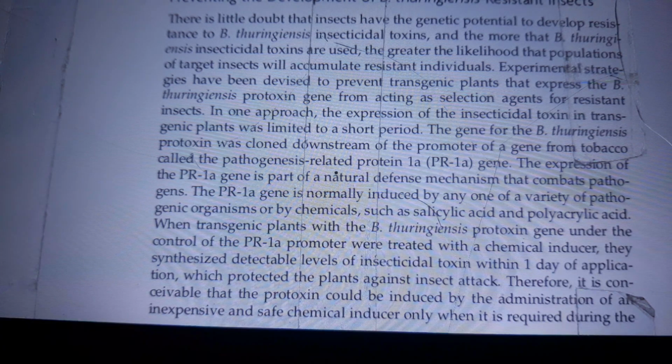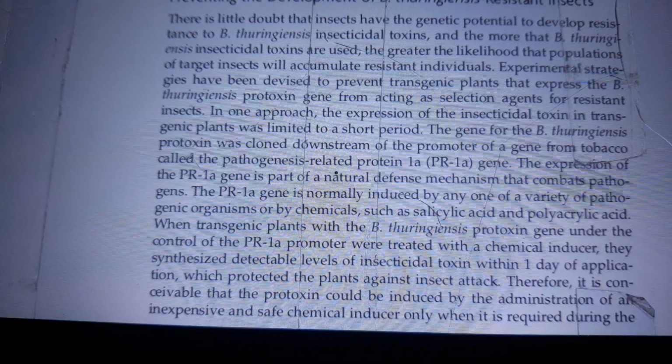The gene for B. thuringiensis protoxin was cloned downstream of the promoter of a gene from tobacco called the pathogenesis-related protein 1A, PR1A, gene. The expression of the PR1A gene is a part of a natural defense mechanism that combats pathogens.